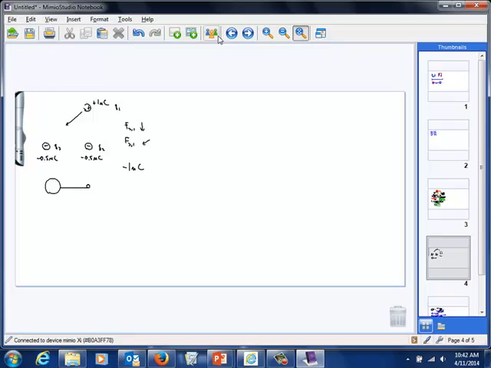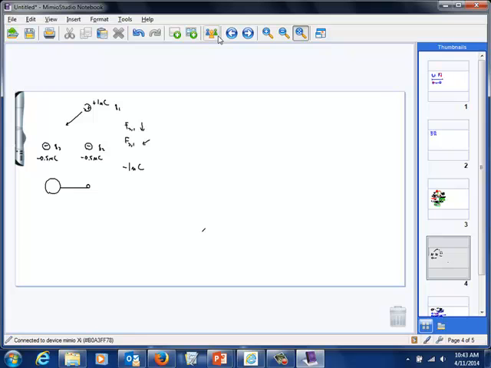Where do you think you'd have more charge? Remember, like charges repel. They don't like being next to other like charges, so you get more on the larger one because they can get further apart there than in the smaller one. But they'd still have to add together to whatever the total is. And when you connect things together with a conductor, the charge is always going to flow so that positives and negatives cancel each other out.